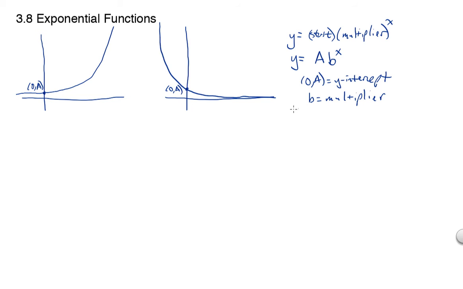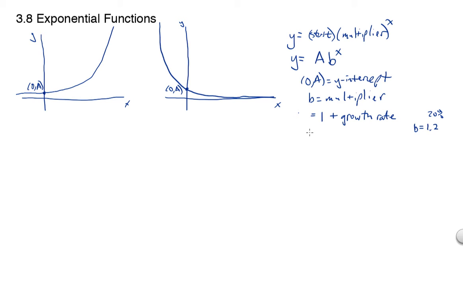Now, also be aware that this multiplier is related to a growth or decay rate. If you have a growth rate of a certain percent or a decay rate of a certain percent, that means it's taking the previous value and multiplying it by that multiplier related to that rate. The multiplier is 1 plus the growth rate. If it's a growth rate of, say, 20%, then your multiplier is 1 plus 20%, or 1.2.